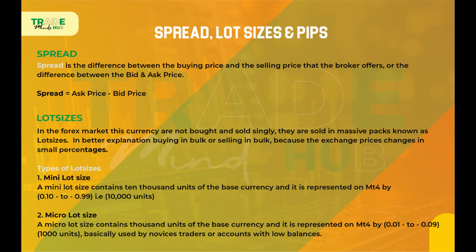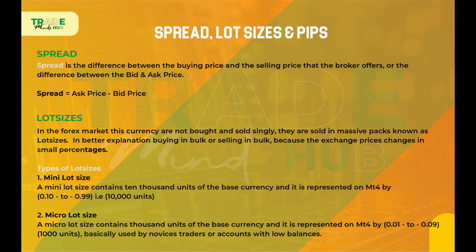So the mini lot size varies from what? 0.10 to 0.99. And this 0.10 is 1 mini. So 0.99 will be what? 99,000 units.